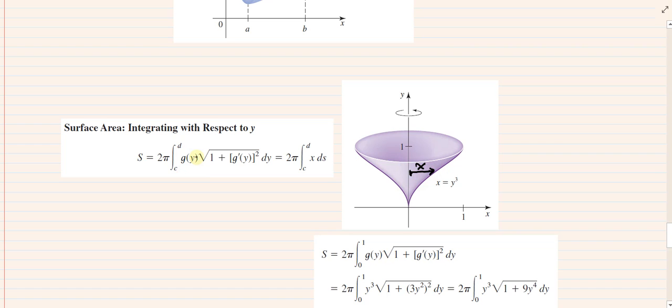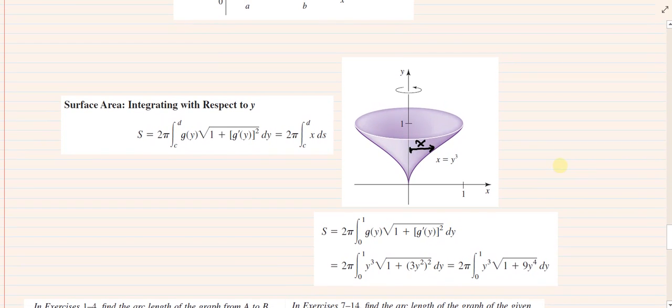Now for this particular example, the curve is x equals y cubed. Remember, that's what that looks like. Another way to say this is in your familiar form, y equals cube root of x. That's what that is, actually. And there you go.